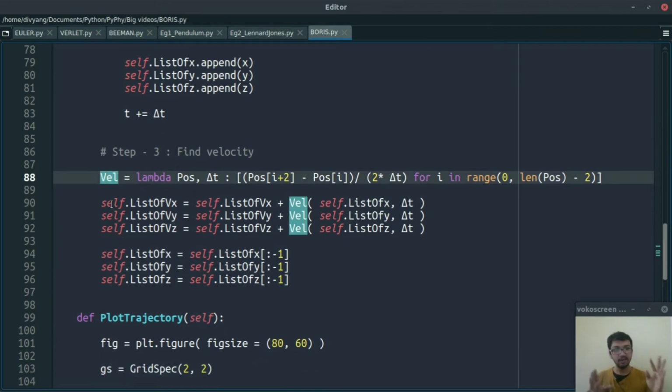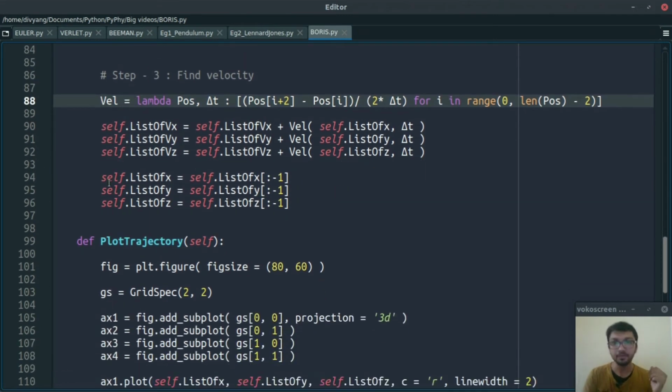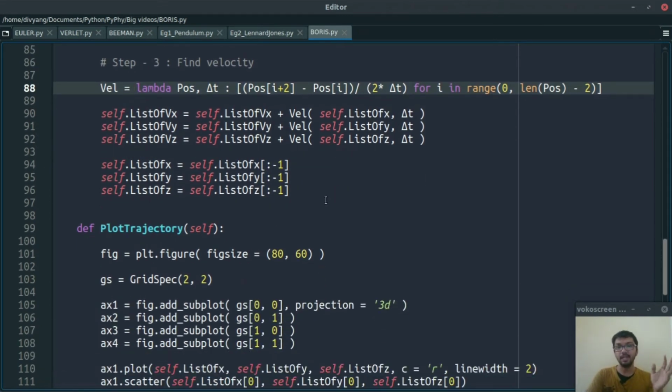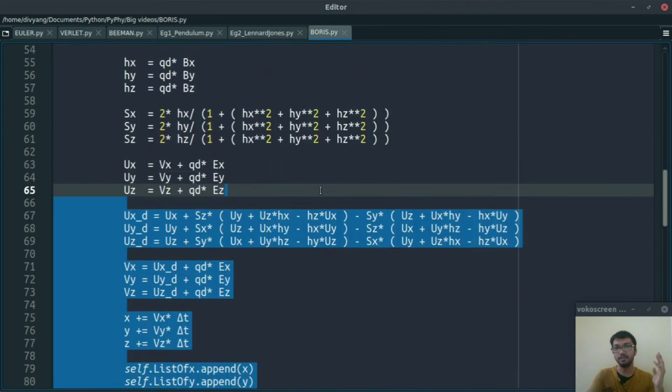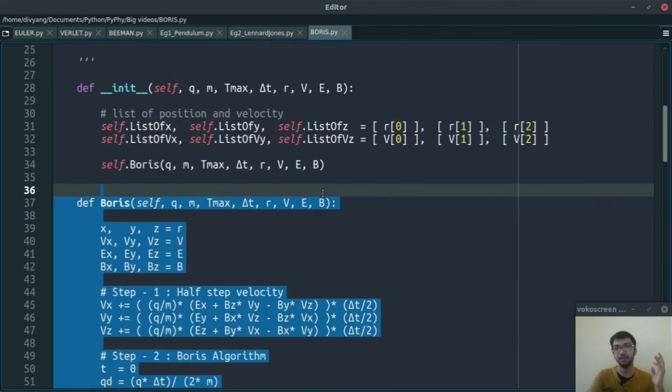There are several ways to convert this half velocity into full velocity, but personally this is my favorite, so I'm using this method, right?